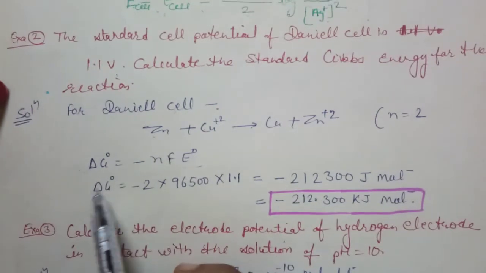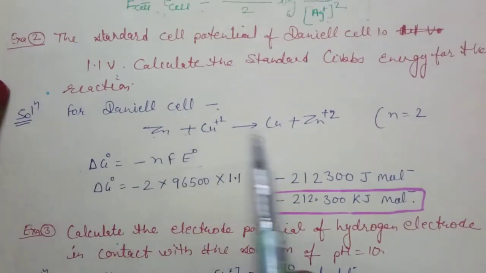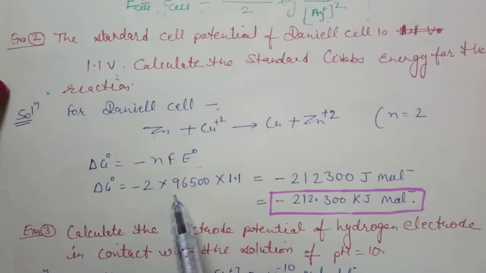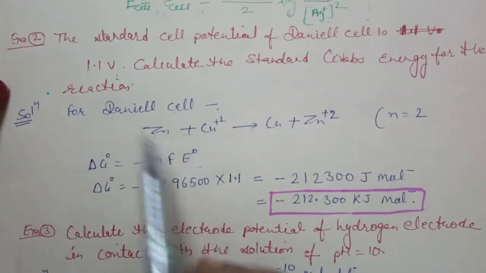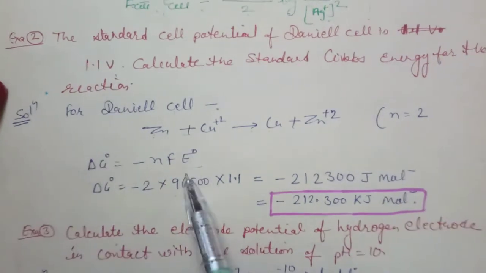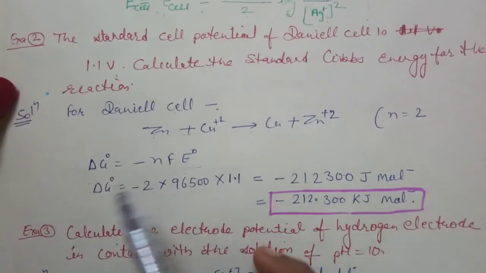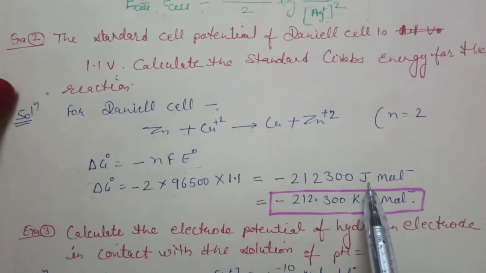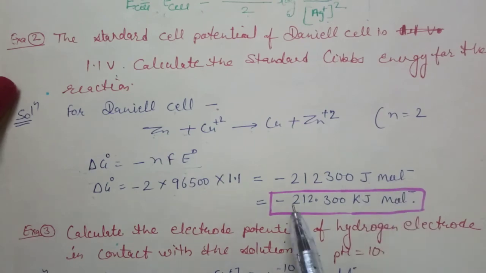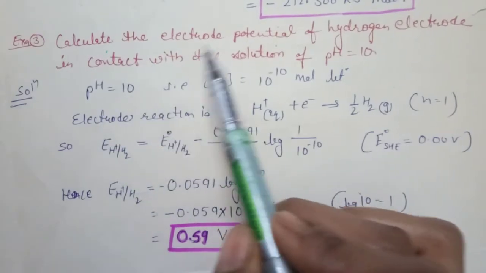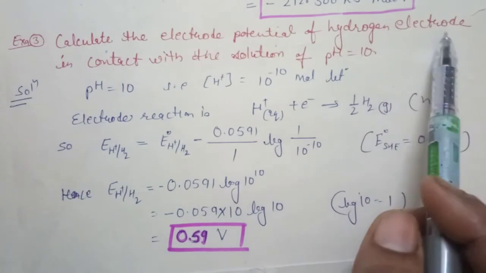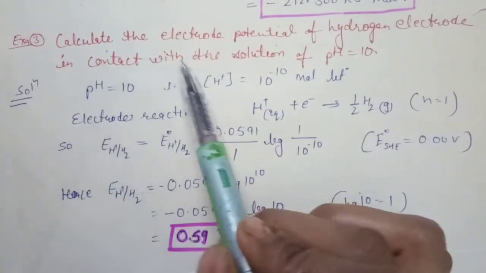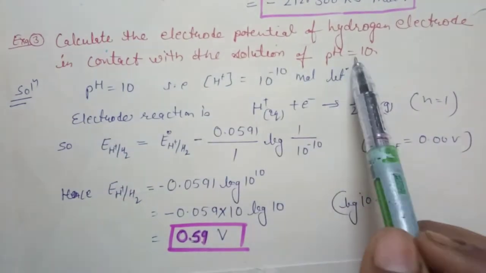Here n means 2 electrons are exchanged, F means 96500, and E° is given as 1.1. So by calculating we get the value of delta G°, that is minus 212300 joule per mole. Example 2: Calculate the electrode potential of a hydrogen electrode in contact with a solution of pH equal to 10.